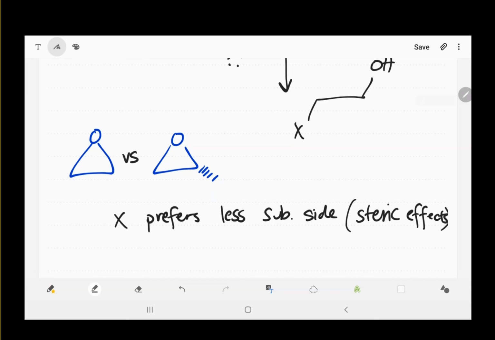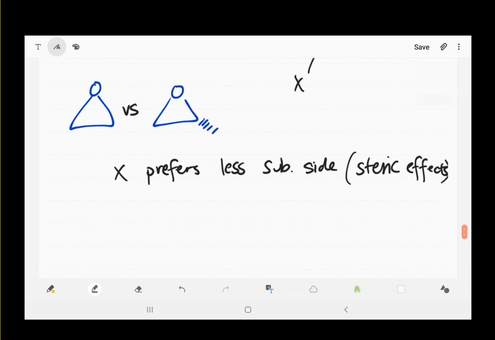So it's going to go ahead and attack there, for example. With the other one, you could go either way, because it's symmetrical, there's no difference. But in terms of regiochemistry, where something is going to attack, you're going to see that with a primary versus secondary, the primary will be attacked.